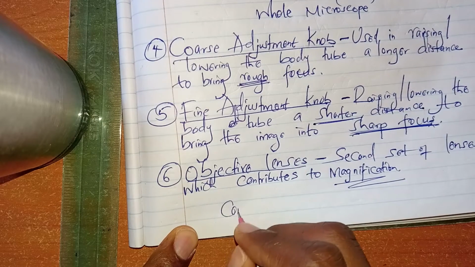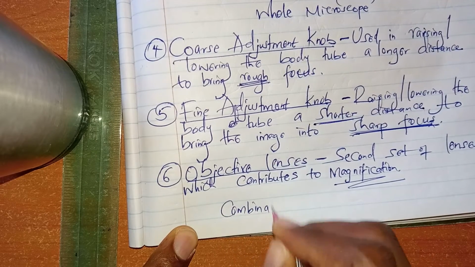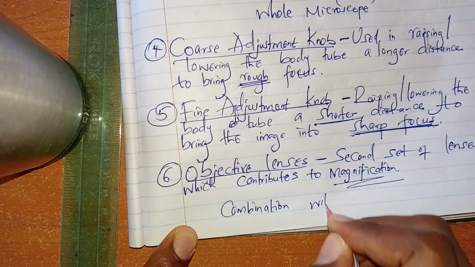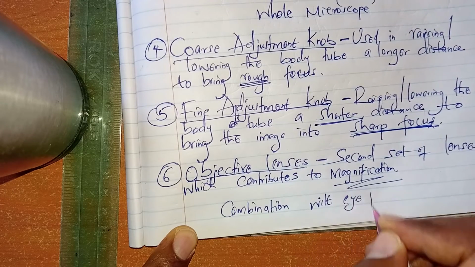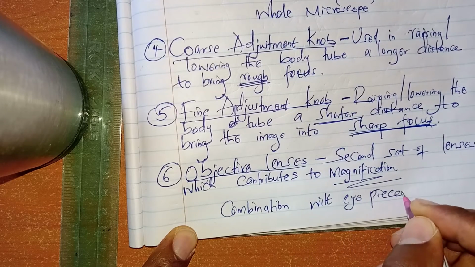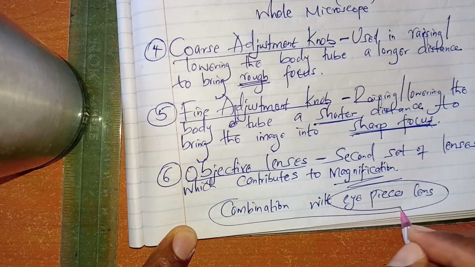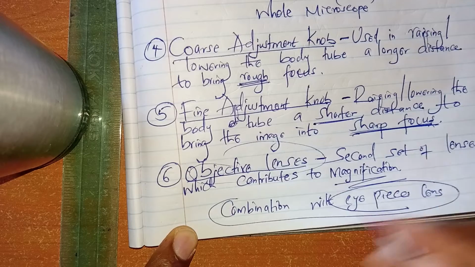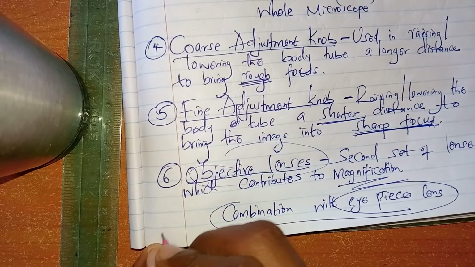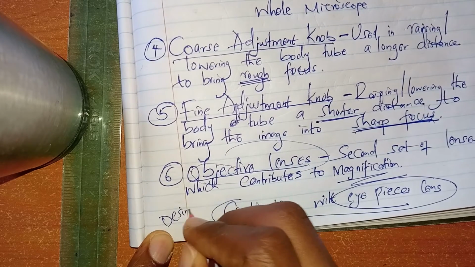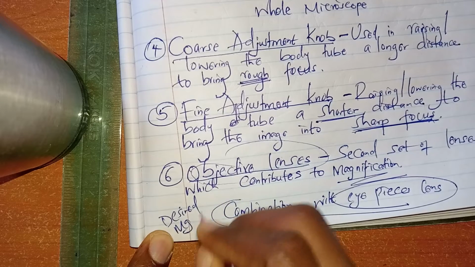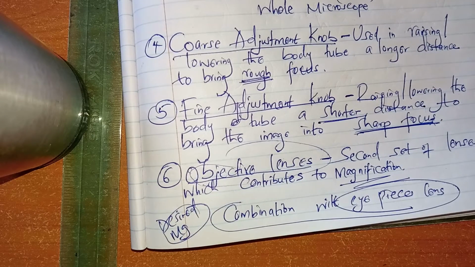They work in combination with the eyepiece lens. So the eyepiece lens together with the objective lenses brings about what we call desired magnification.